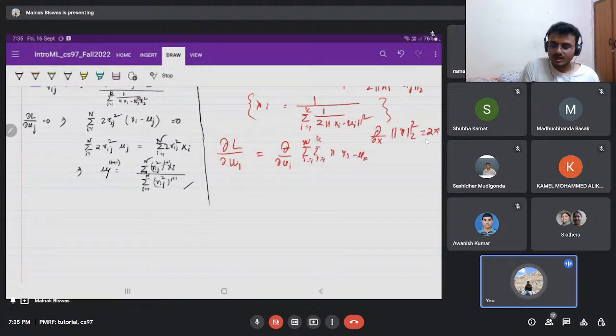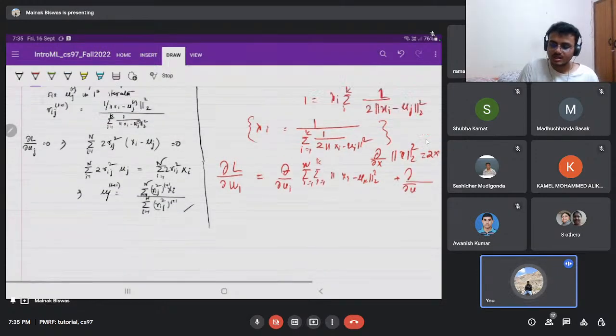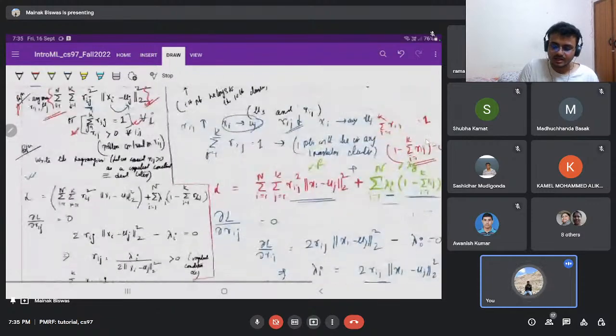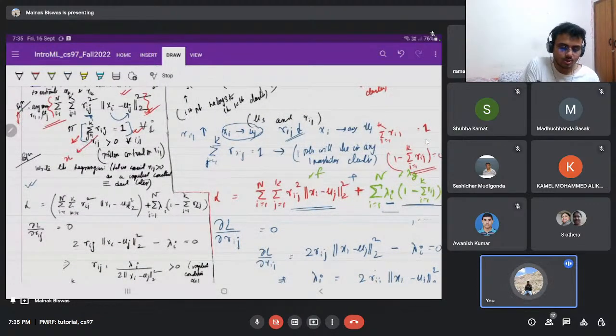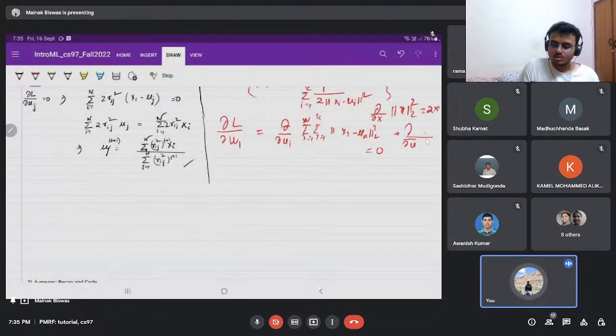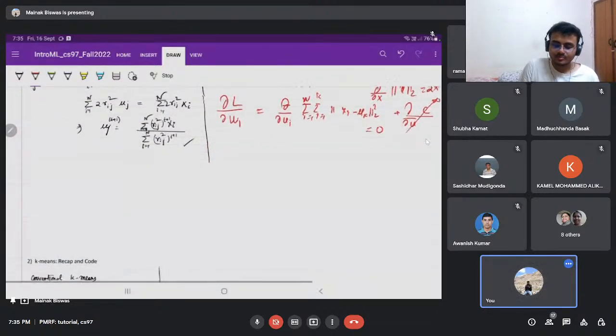Of (xi minus mu k) squared, plus this term will go to 0, as you can see there is no mu on the right hand side. So these do not have mu. This is a constant, so this goes to 0.